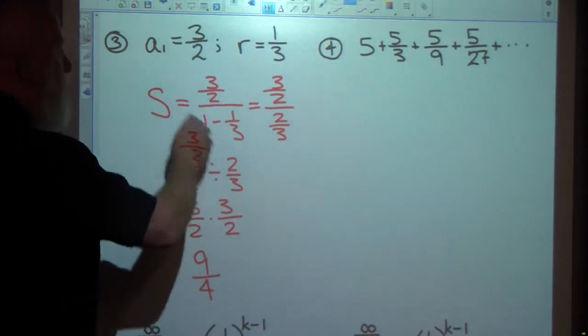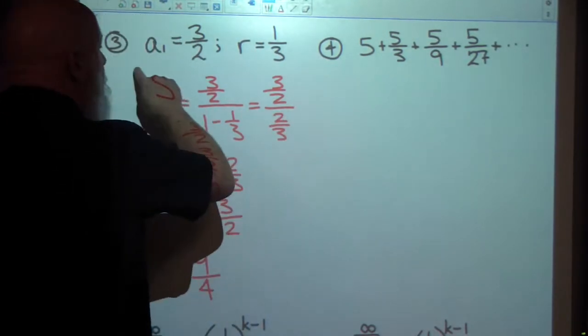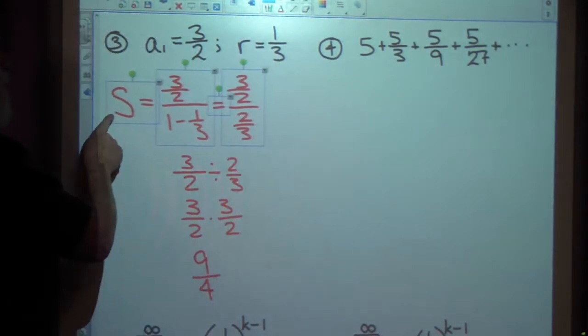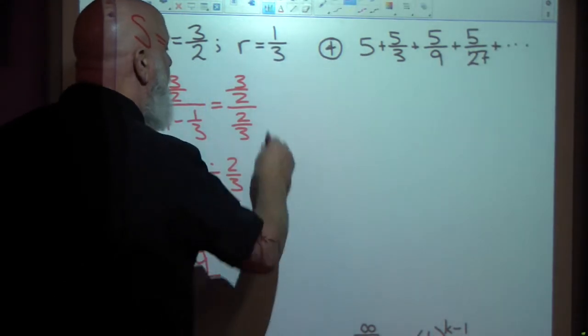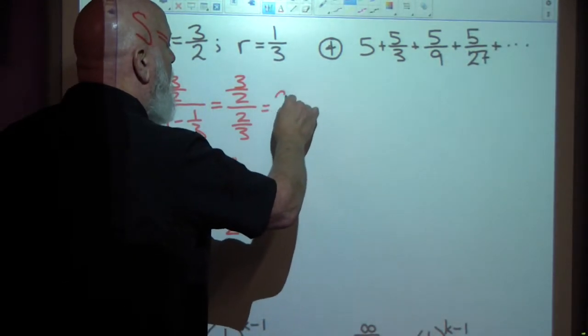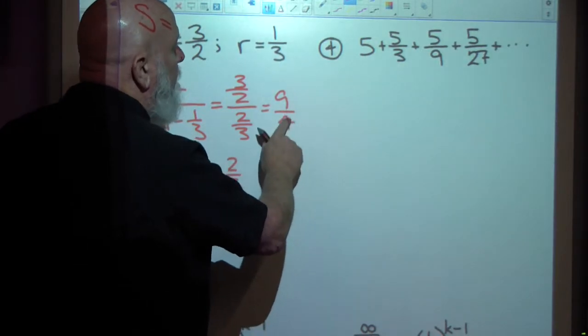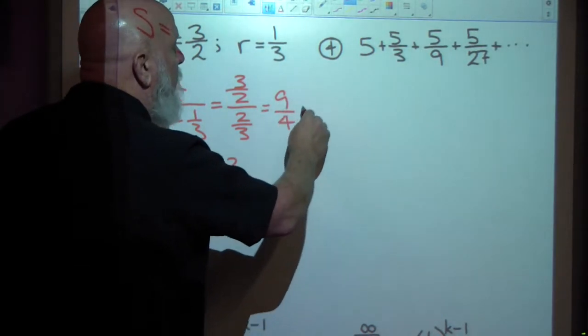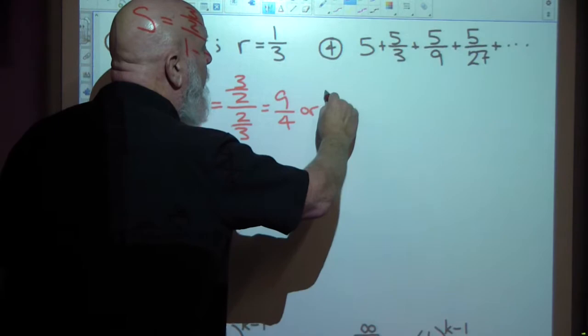So this sum is 9/4, which you can think of as 2 with a remainder of 1, or 2 1/4.